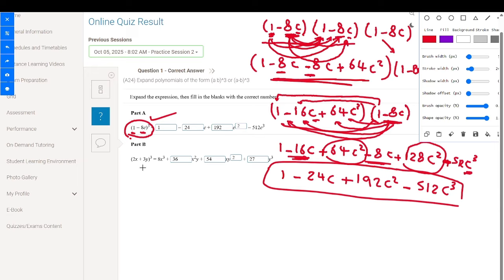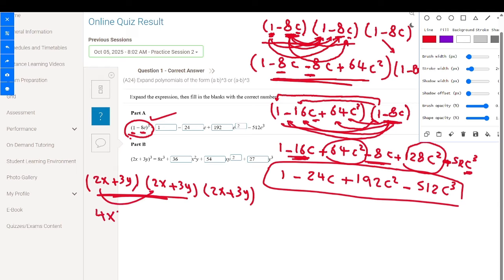Now for part B, it will be the same. We have (2x plus 3y) all to the power of 3. It will be (2x plus 3y) multiply (2x plus 3y) multiply (2x plus 3y). We take the first two, same as what we did in part A. So here it will be 4x squared plus 6xy.